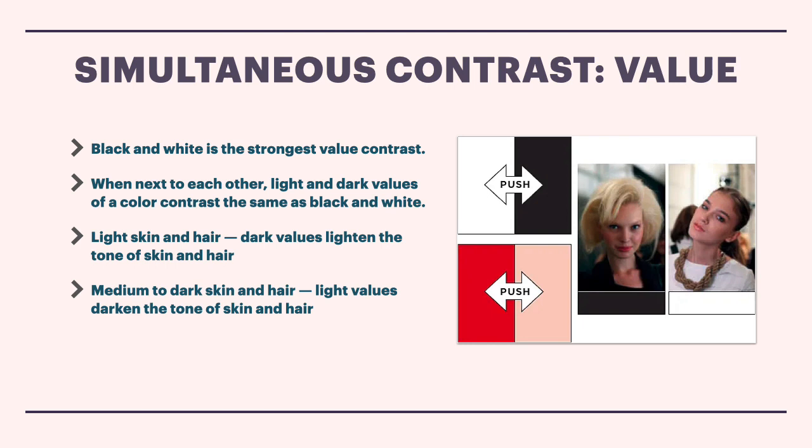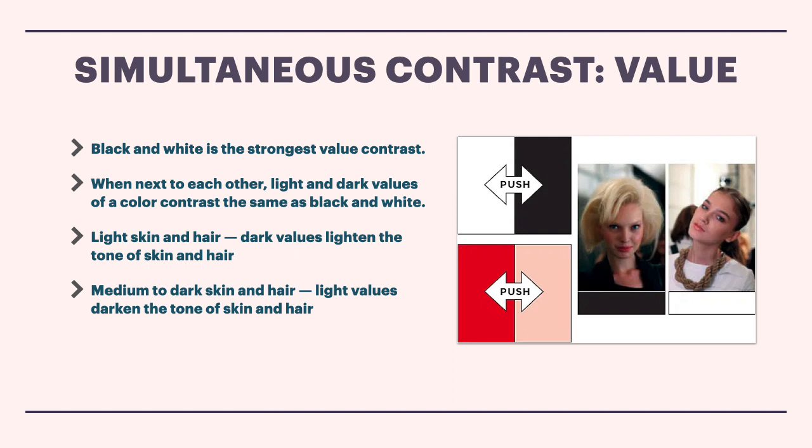Simultaneous contrast, value. So as we know, black and white is the strongest value contrast. Light and dark values placed next to each other have the same contrast as black and white.